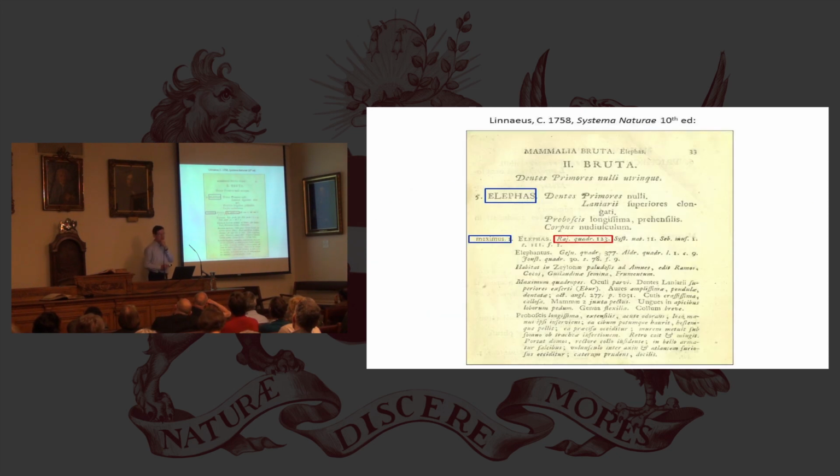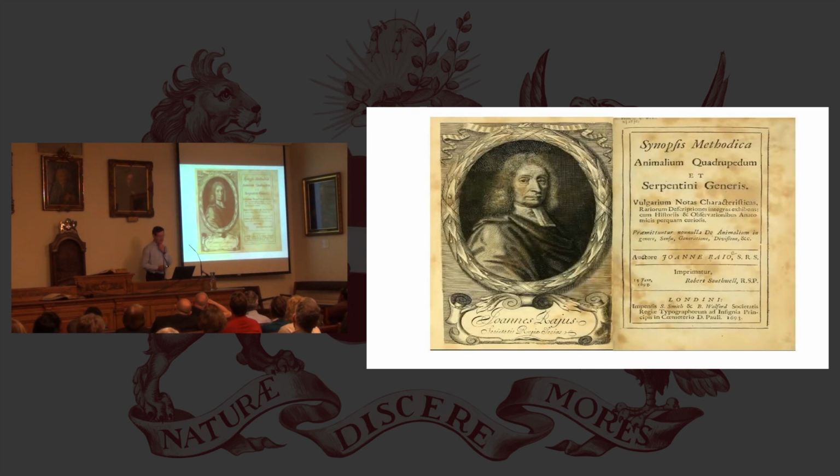We go back to the elephant page of 1758, and then we finally come to the very first citation. We've left the best till last, if you like, which says Raj Quadra, page 123. This is Raja, and of course it refers to John Ray, the eminent English naturalist, man of letters, who of course was so important in the development of systematics.